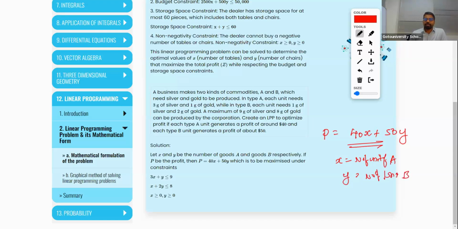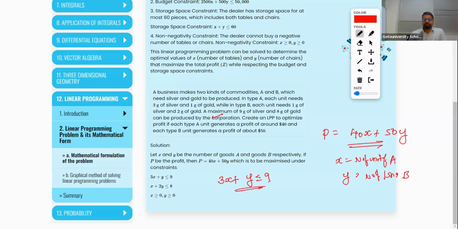So a maximum of 9 gram of silver and 8 gram of gold can be produced. That's one thing. So if this is the case, what is our other condition? 3 into x, that is A, plus y is less than or equal to 9.